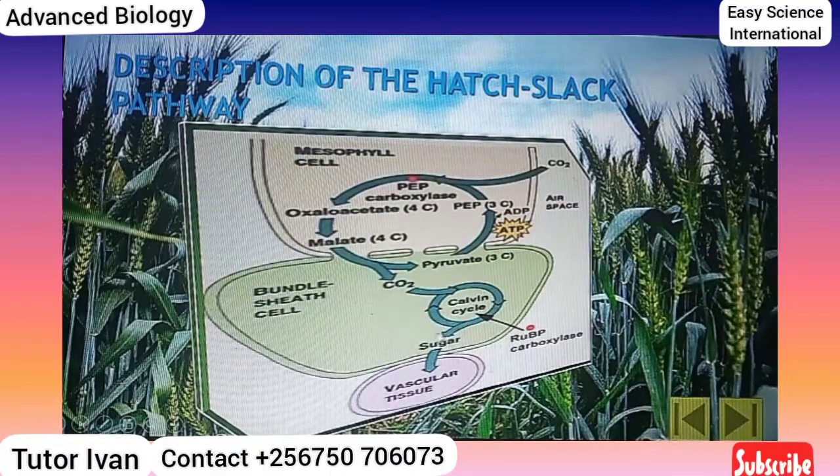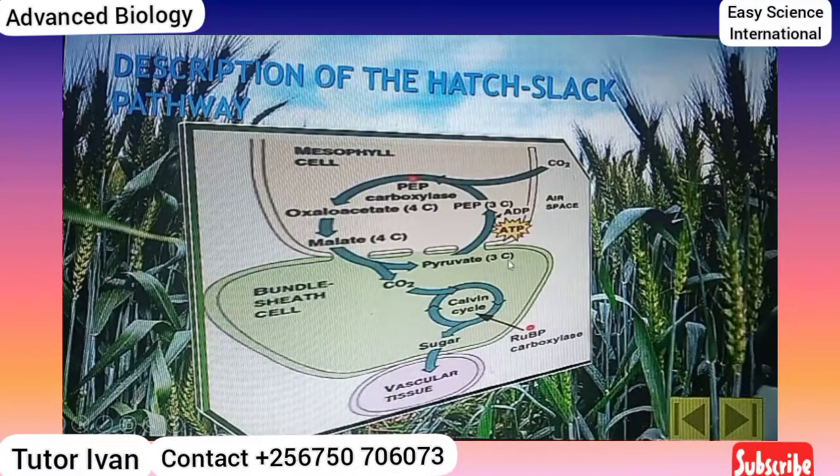Now, the sugar formed is then translocated through the vascular bundles, basically in the phloem cells, to places where it is needed for storage, maybe in the roots, in the leaves, it stays there and is converted into starch, among others, or in the respiring cells of the plant.